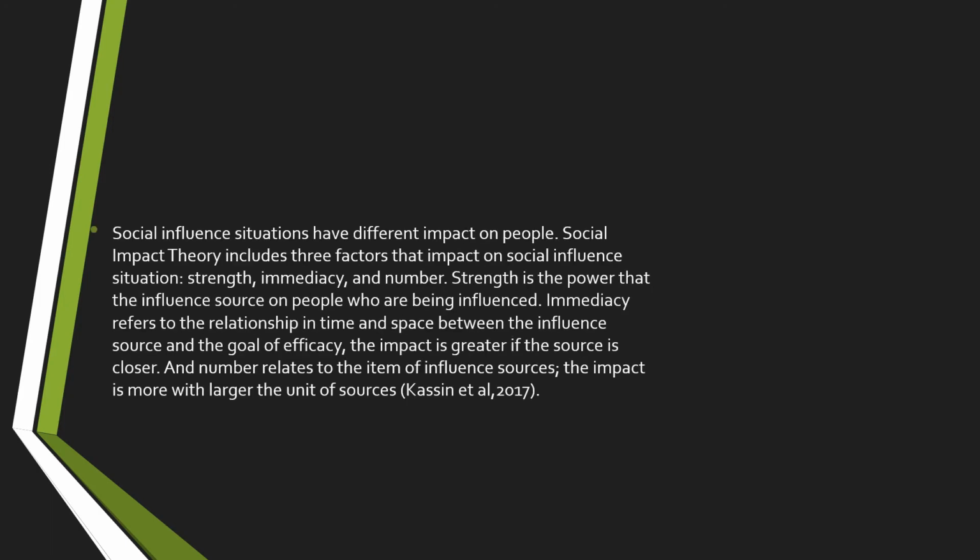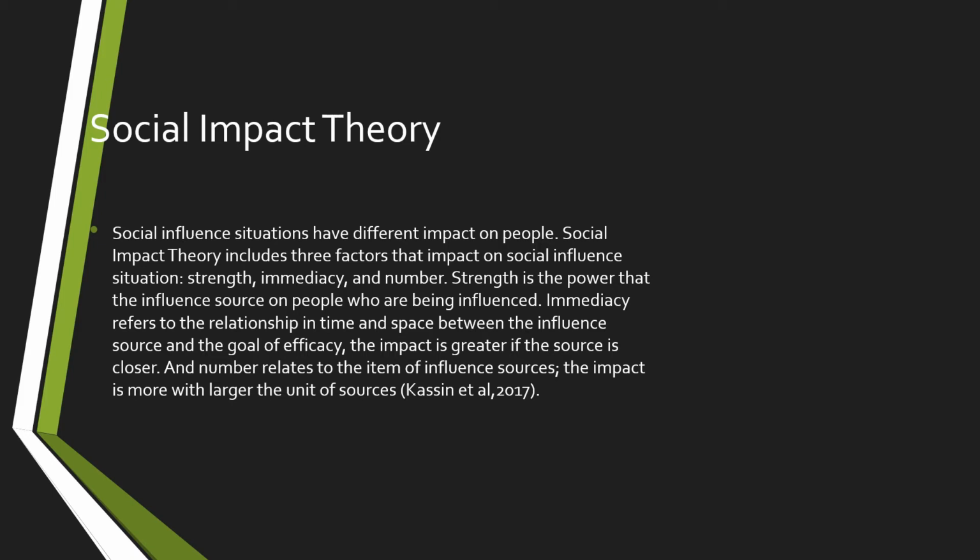Social impact theory. Social influence situations have different impact on people. Social impact theory includes three factors that impact a social influence situation: strength, immediacy, and number. Strength is the power that the influence source has over the people being influenced.